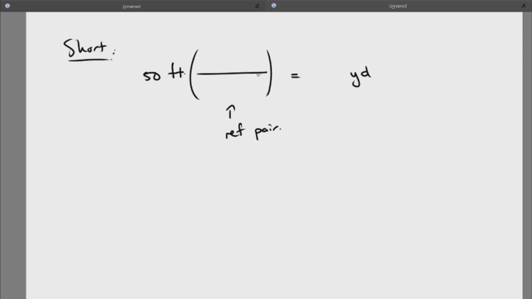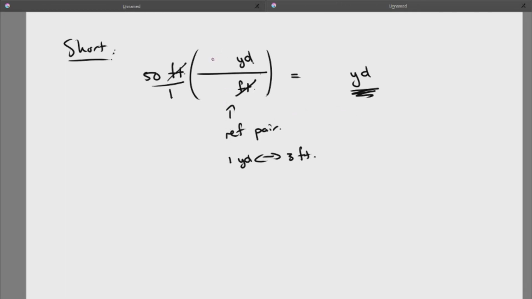I just need to put the yards and the feet in the right position. I'm going to put feet in the bottom and yards in the top, so that if I look at the units as if they are numbers, this is over 1. So there's a feet in the numerator that cancels with a feet in the denominator, and the yards are left, which is what my goal is.